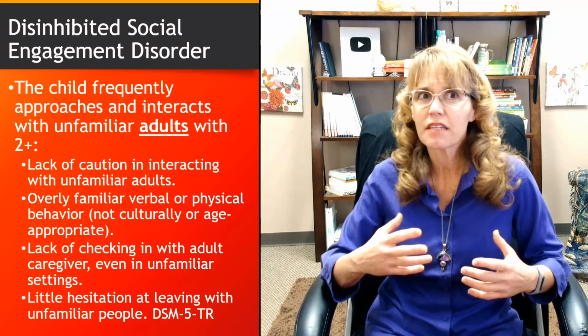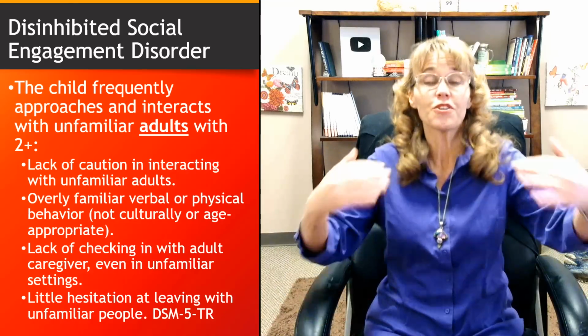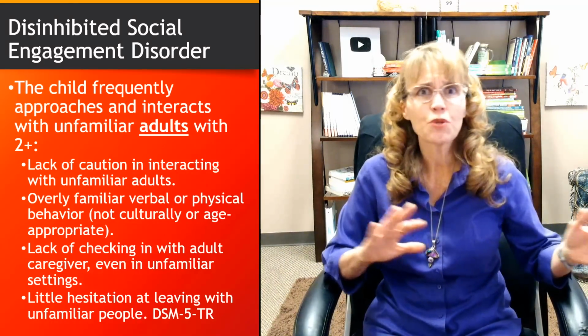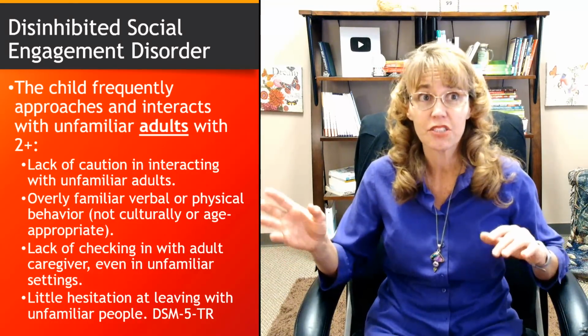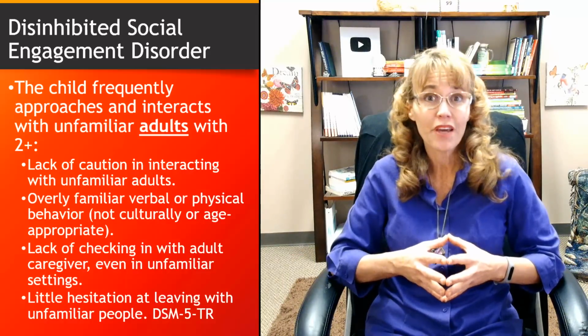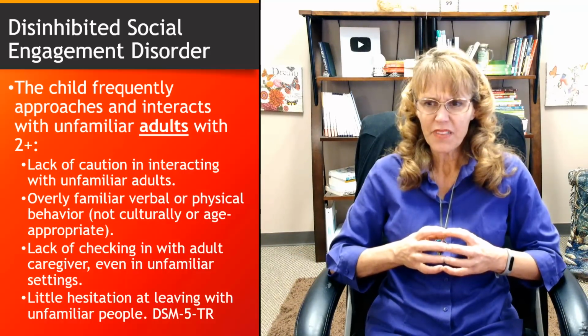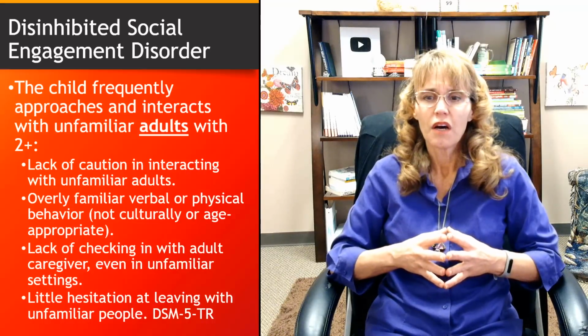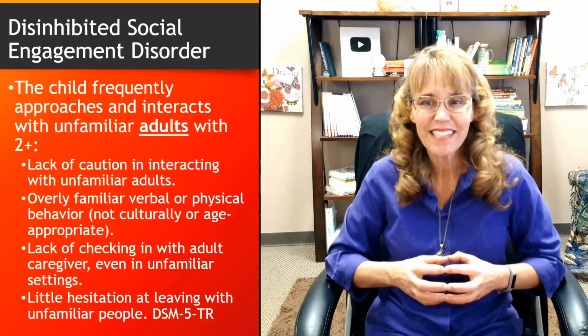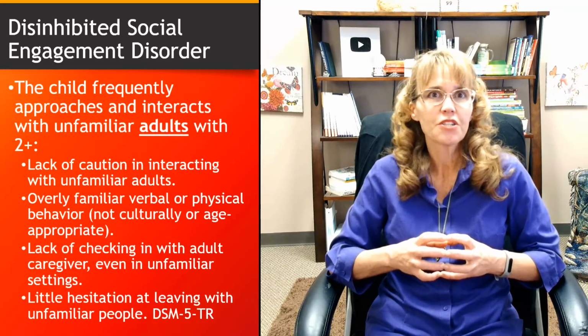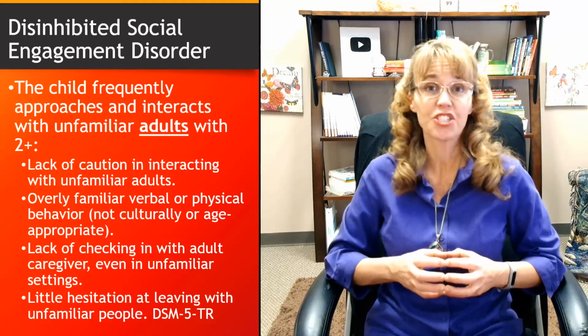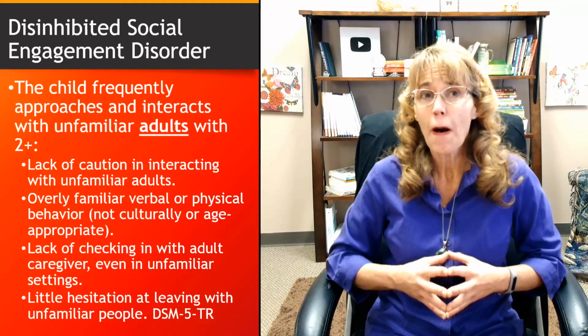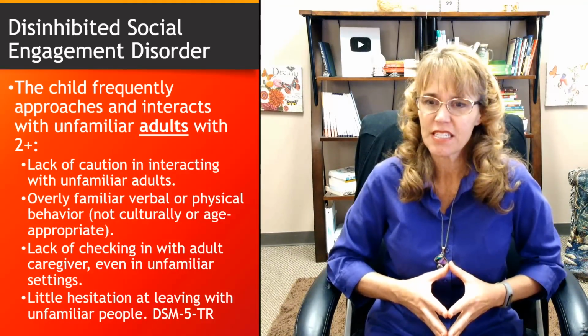They may not actively come back over to you, but a lot of times they will scan and periodically check to make sure that you're there. And it's important to notice if children are just completely detached and oblivious to the caregiver in unfamiliar situations.